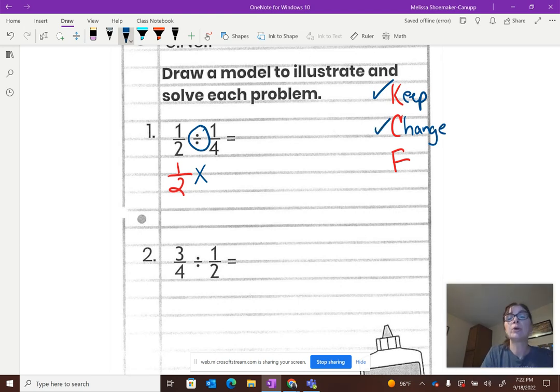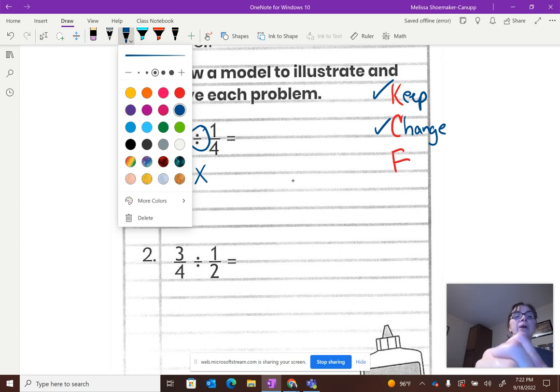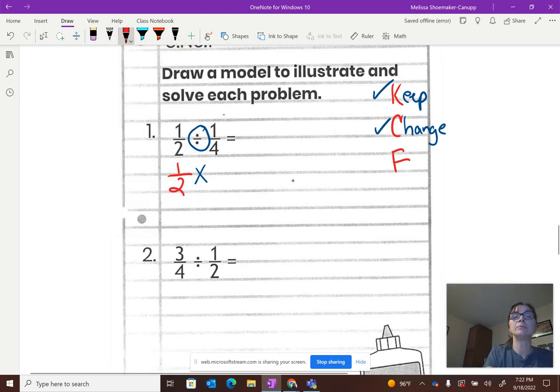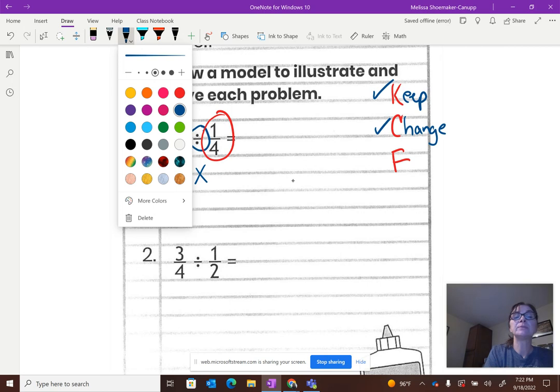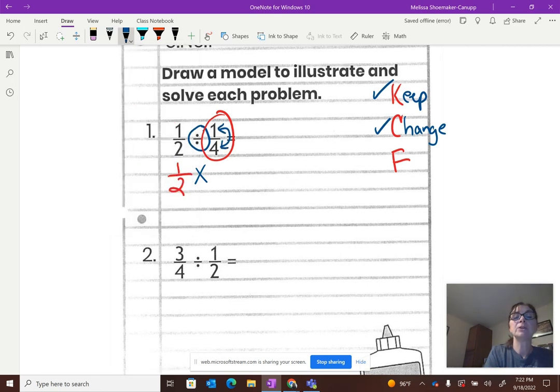Now, lastly, I'm going to flip that fraction around. So it's no longer going to be 1/4. Remember, the numerator becomes the denominator and the denominator becomes the numerator. So I'm going to change that to 4 over 1. And yes, I flipped my second fraction. Now I am ready to multiply. So simply put, I'm going to take 1 times 4.